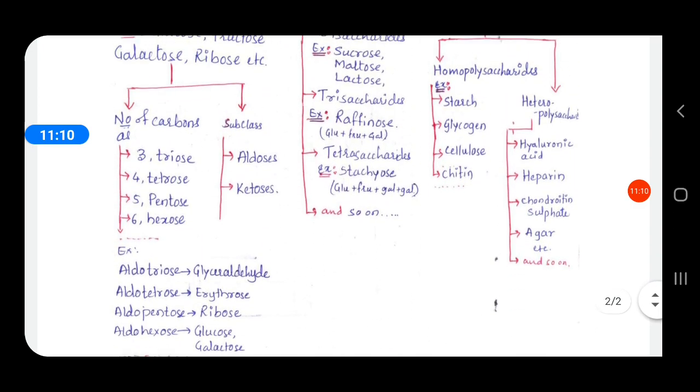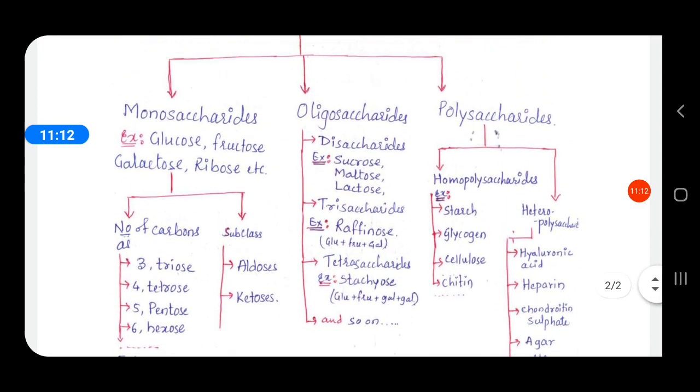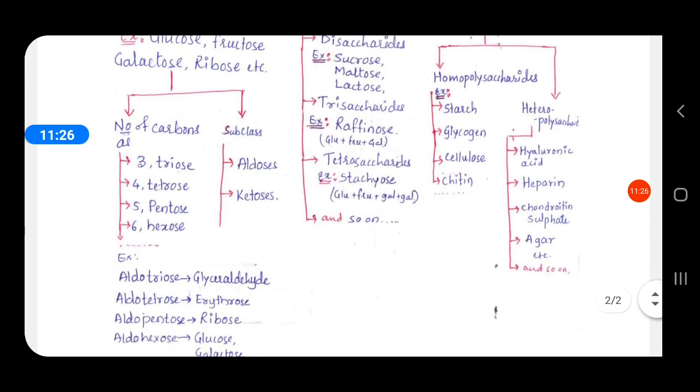So this is about the monosaccharides. Monosaccharides are the simplest carbohydrates. They won't give further simpler sugars on hydrolysis. They are further classified into 2 types depending upon functional group and depending upon number of carbon units present.